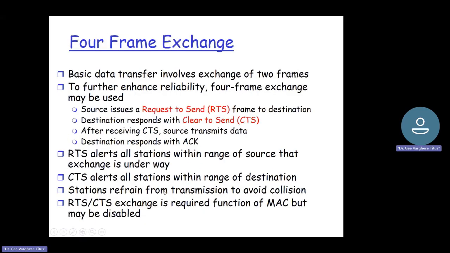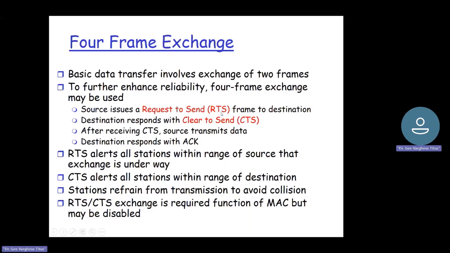If you want to go one step further, in 802.11, we'll be going with a 4-frame exchange. So basically there are 4 types of data that are being exchanged. One is request to send, that's a control signal. The second one is clear to send. And finally, you have data and an acknowledgement that is coming. So these are the 4 frames. The first one says that I want to send something.